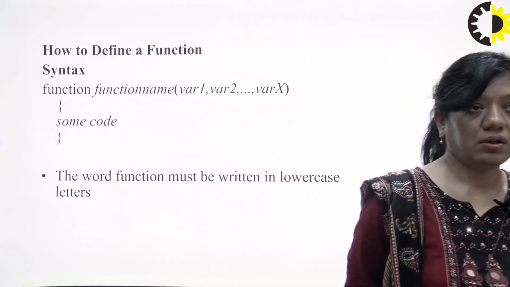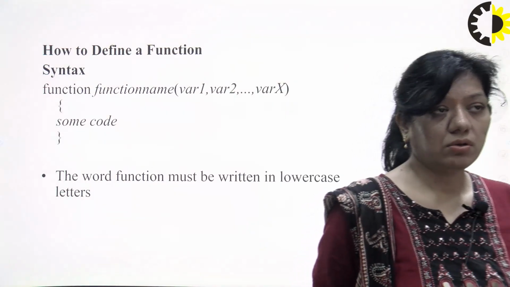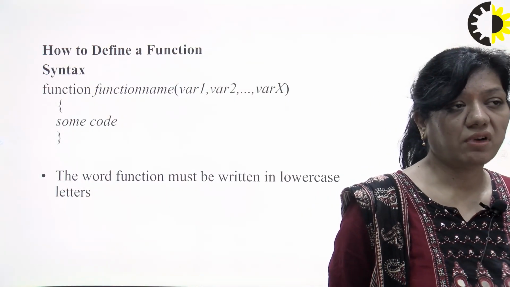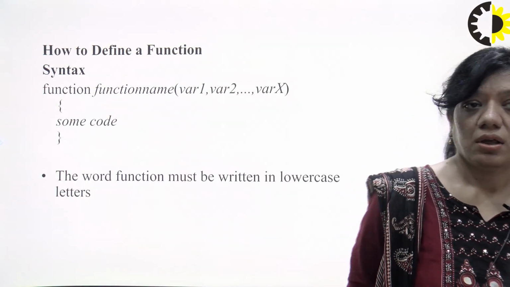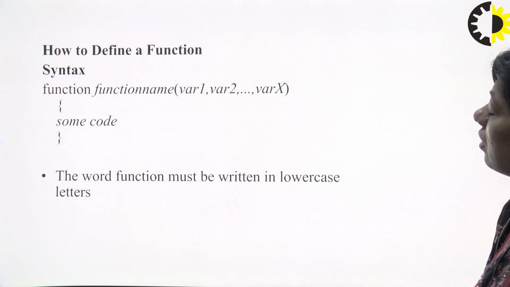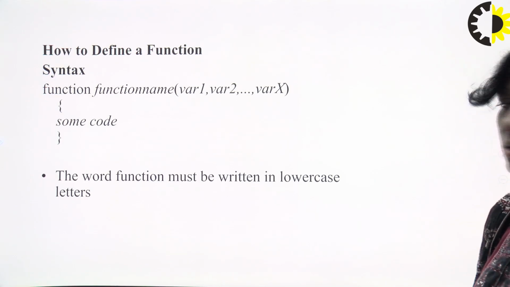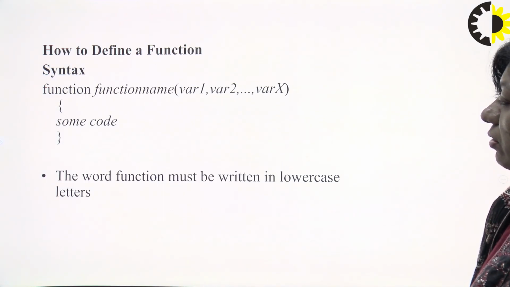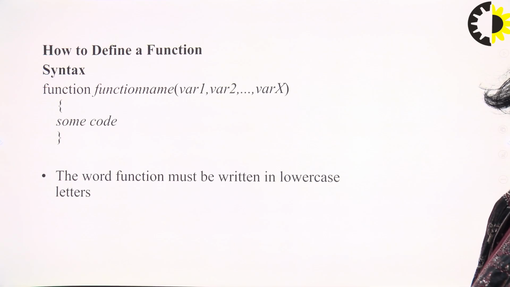Now the question arises: how to define a function? The syntax to define a function is: function, then the function name, because we can write any function name as per the requirement of the user.